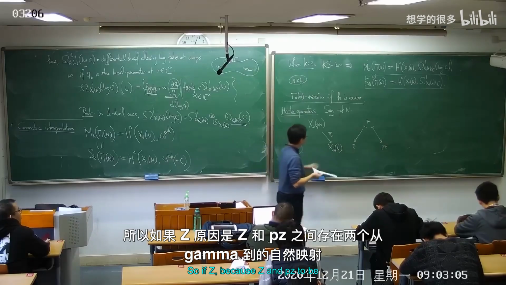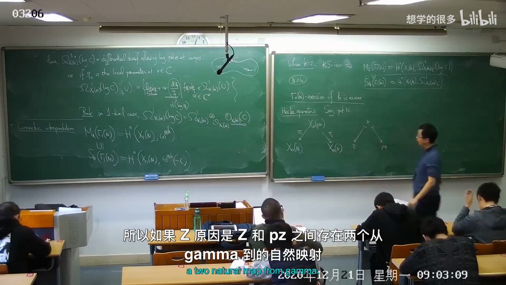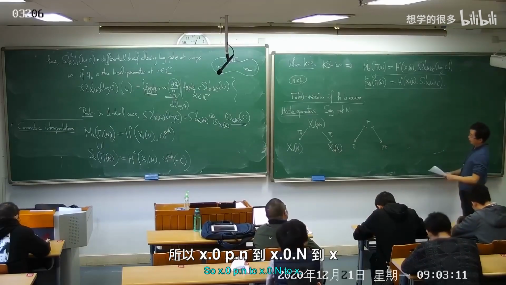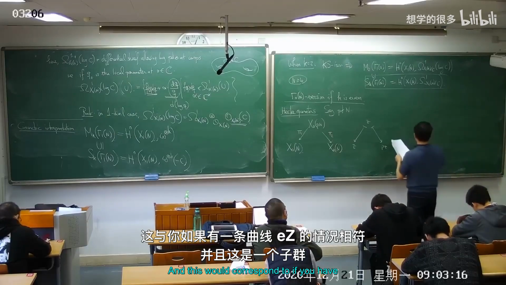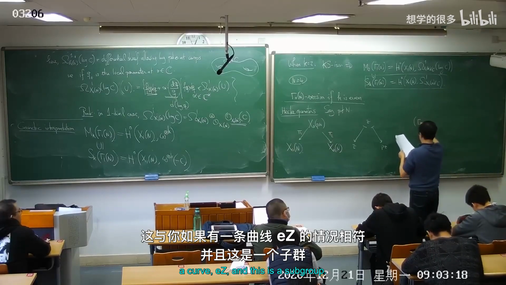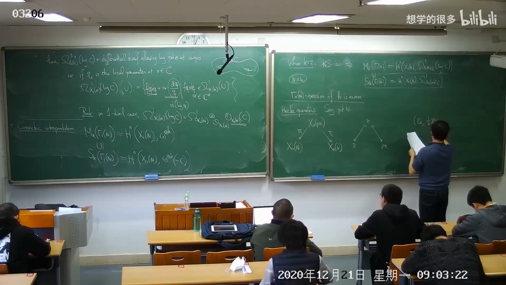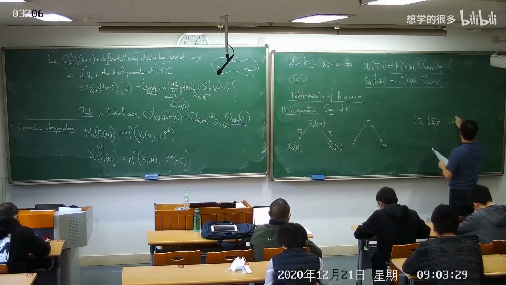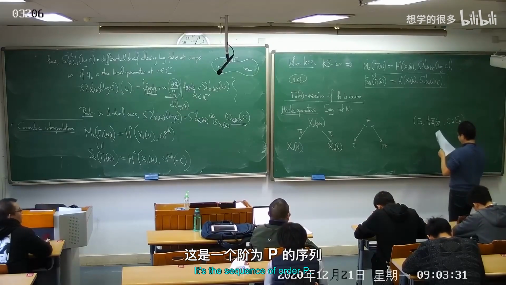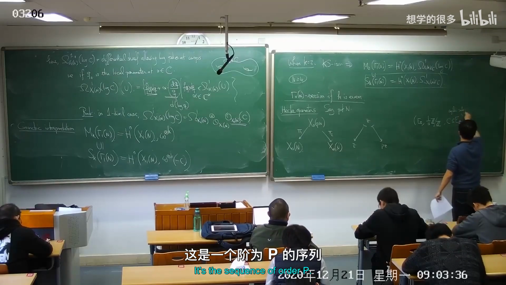So let pi 1 and pi 2 be the two natural maps from X naught(pn) to X naught(n). And this would correspond to, if you have the curve E_z, that is C/(Z+zZ), and a subgroup, this is a cyclic subgroup of order p.